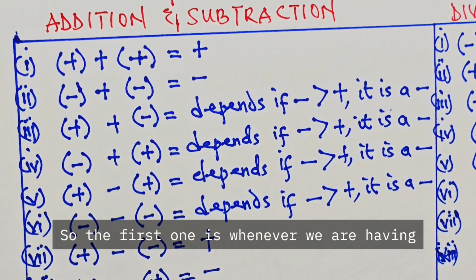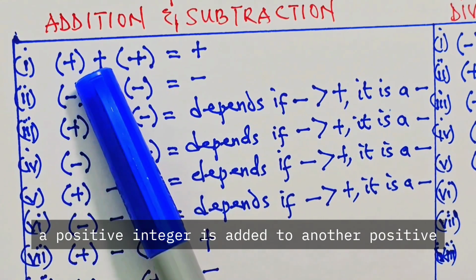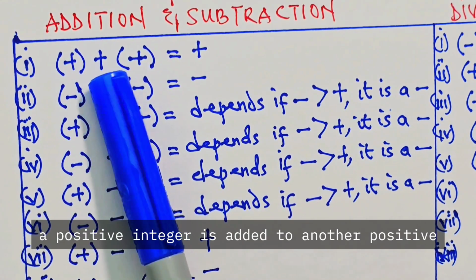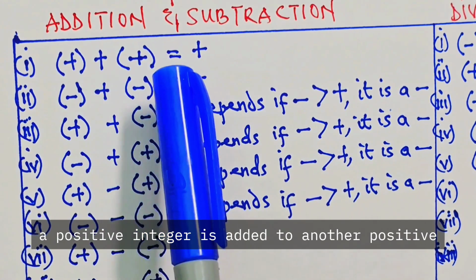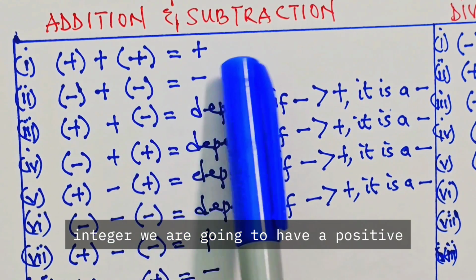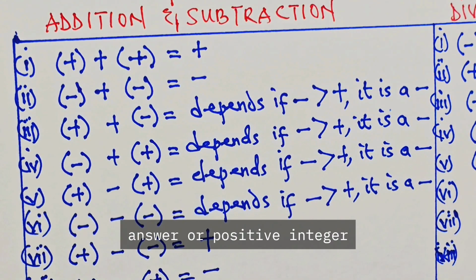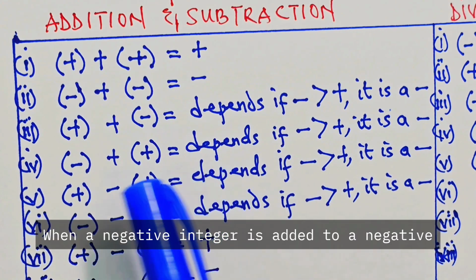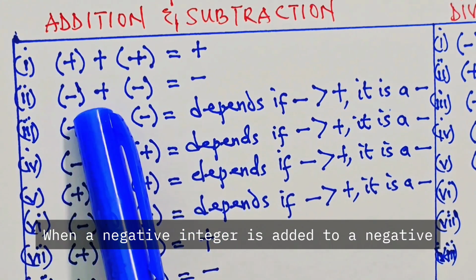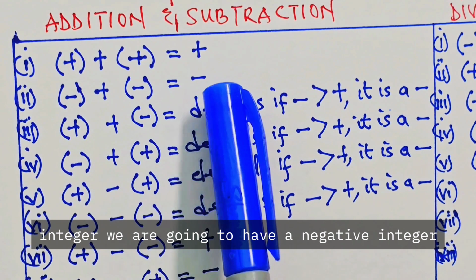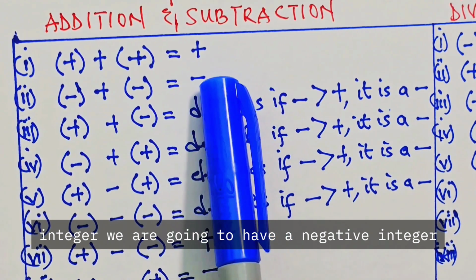So the first one is whenever a positive integer is added to another positive integer, we are going to have a positive answer or positive integer. When a negative integer is added to a negative integer, we're going to have a negative integer.